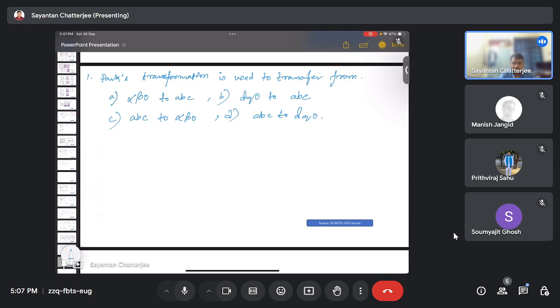So we have started discussing the question and answer. Park's transformation is used to transfer from alpha beta naught to ABC, DQ naught to ABC, ABC to alpha beta naught, ABC to DQ naught.